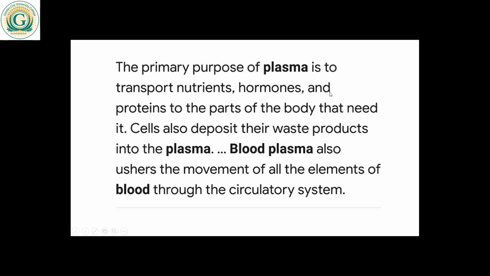The purpose of the plasma is to transport these components to where they are needed. We also have cells depositing their waste products in the plasma. The blood plasma also ushers the movement of all other elements of blood through the circulatory system. So mainly, the blood plasma, since it's a fluid, is what is transporting its components to every part of the body.